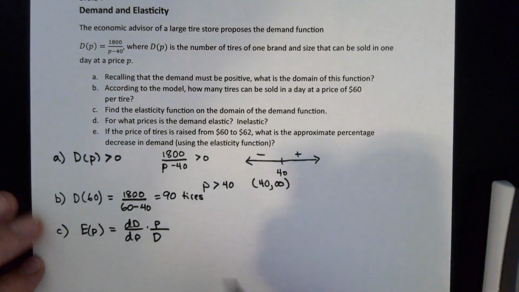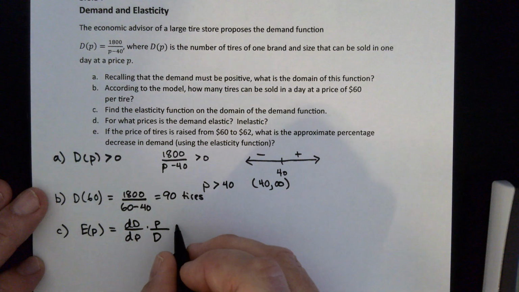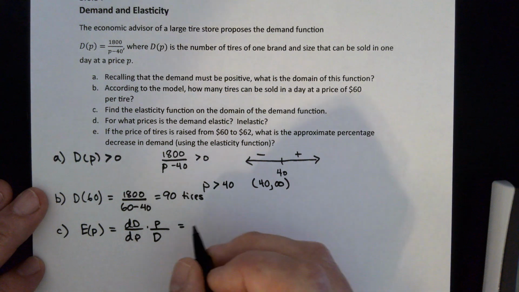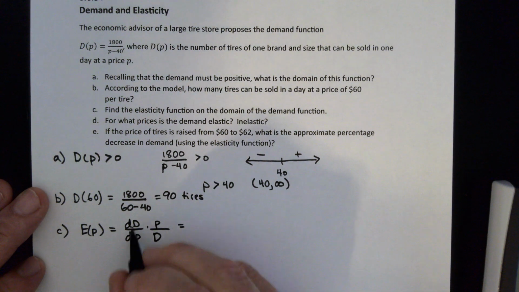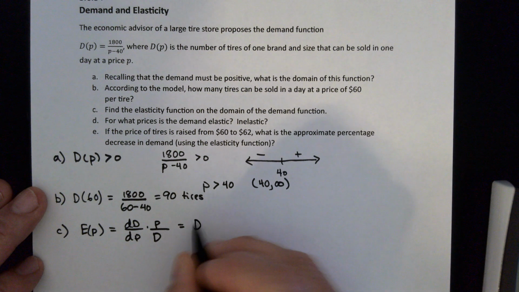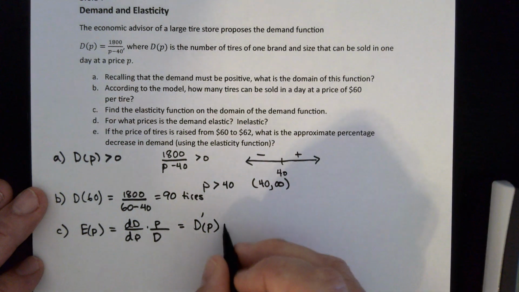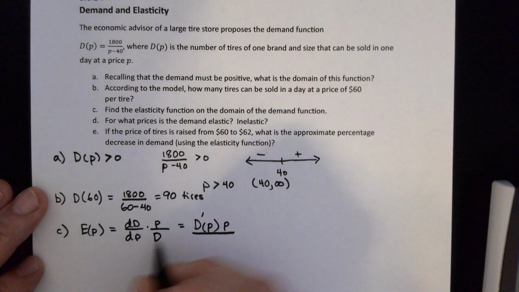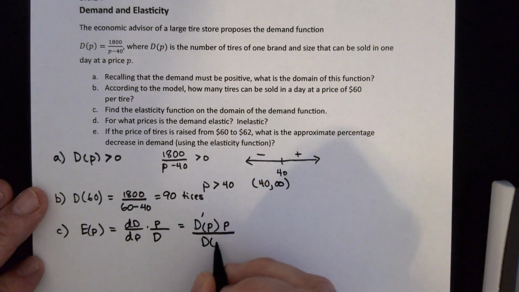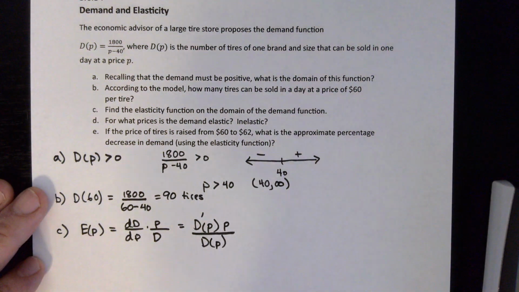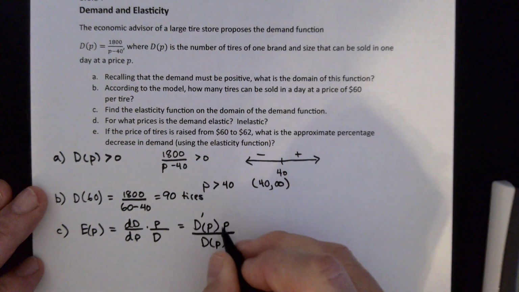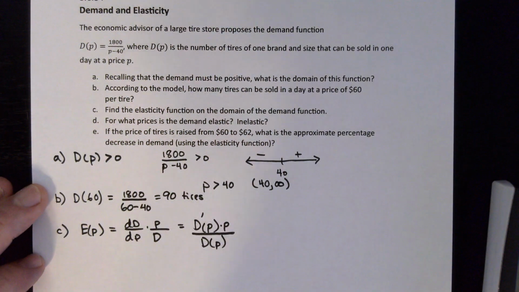Written slightly differently, it is D prime of P times P, divided by the function D. So that's the elasticity function: the derivative of the demand function on top with the extra P being multiplied, divided by the original demand function.